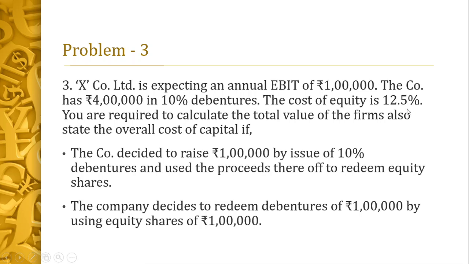Then they have given more information: you will have to calculate when the company decides to raise rupees 1 lakh by issuing 10% debentures and uses the proceeds to redeem equity shares. And in another situation, the company decides to redeem debentures of rupees 1 lakh by issuing equity shares of 1 lakh.